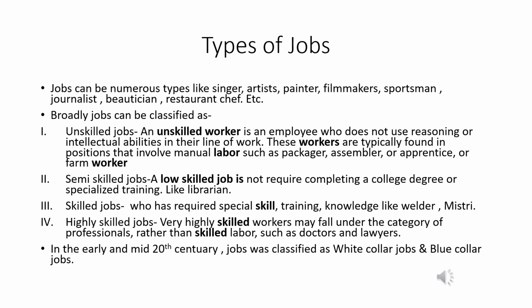Broadly, jobs can be classified as follows. However, this is not in your syllabus. Still, to take a brief idea, I have mentioned it over here. There are four categories of jobs. First one is unskilled jobs. Second is semi-skilled jobs. Third one is skilled jobs. And fourth one is highly skilled jobs.